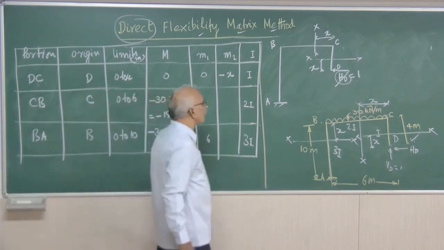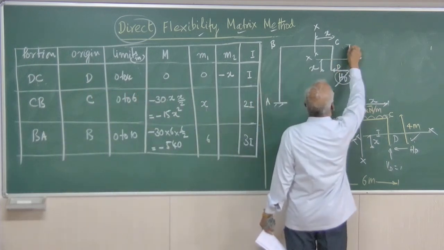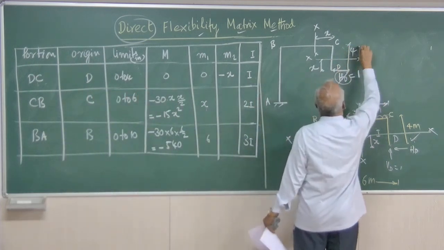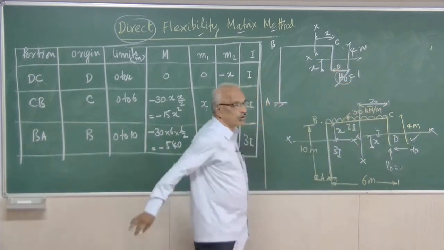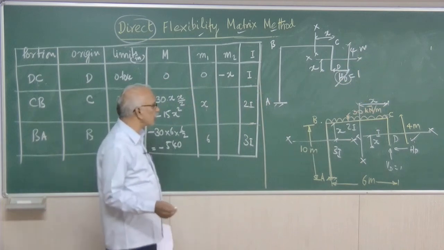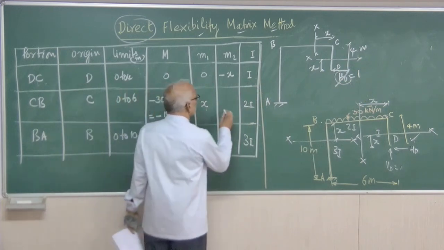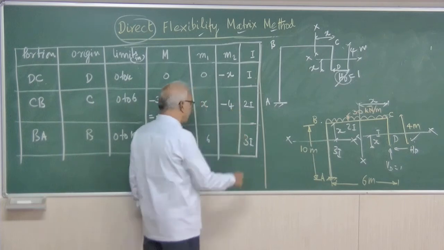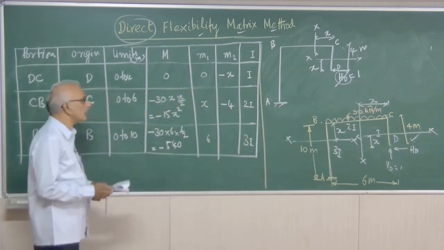The height of the column is 4 meters. Therefore, anywhere between C and B, it is 1 into 4. Because it is clockwise, this is minus 1 into 4.